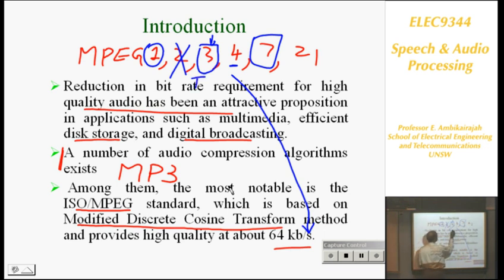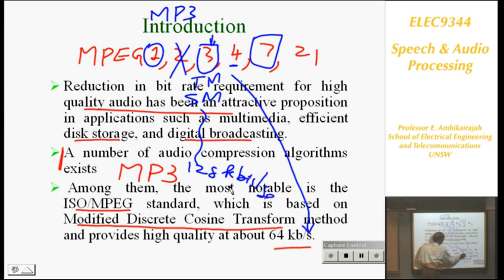MP3 uses temporal masking and simultaneous masking. The MP3 players you have use temporal masking and simultaneous masking, and they normally give you about 128 kilobits per second. And if you go for MP4, it can go to 64 with a very high quality.